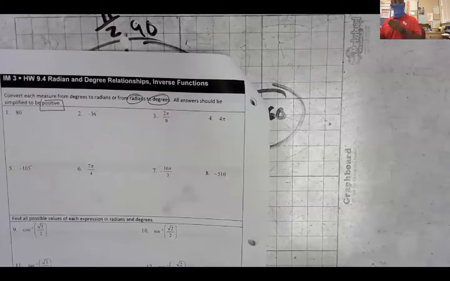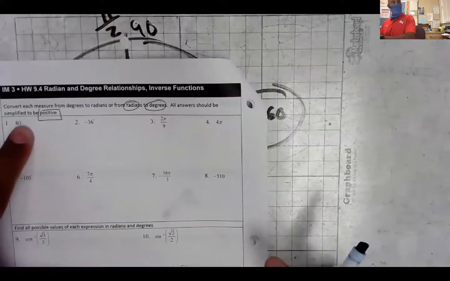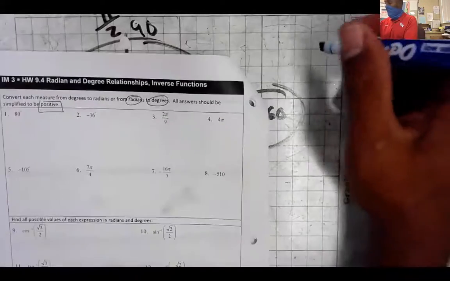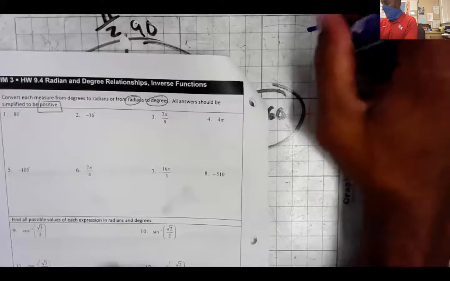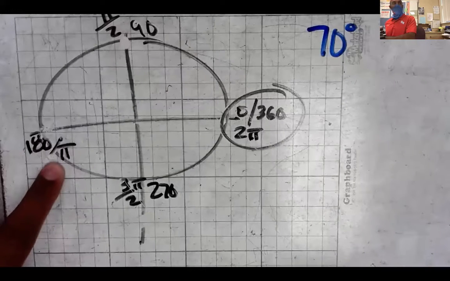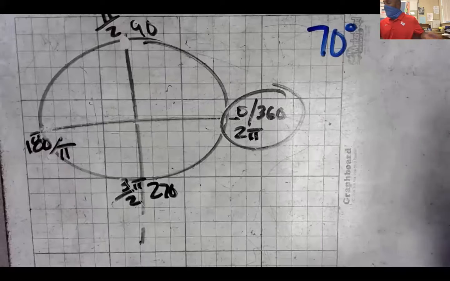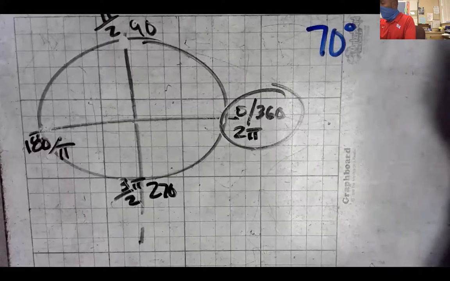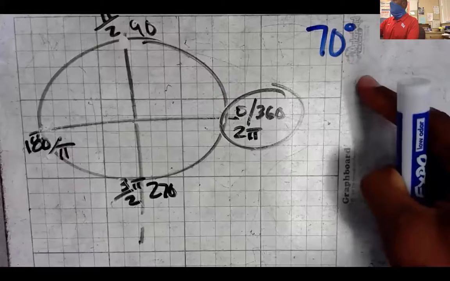All right, so if I'm going to convert degrees to radians, let's say I'm converting 70 degrees. Well, we just said that pi is equal to 180. So I'm going to use that ratio of pi over 180 to convert degrees.